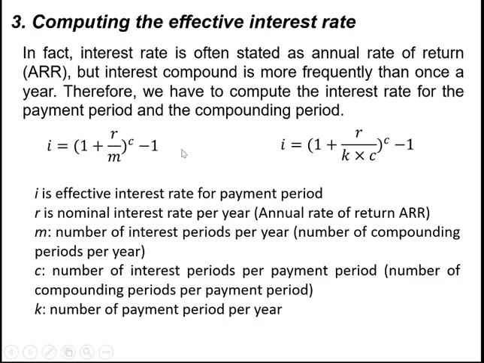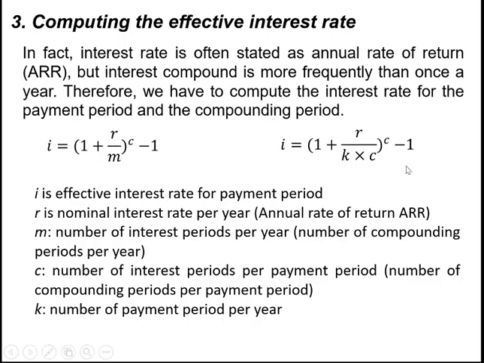For example, if the nominal interest rate per year is 12%, we calculate the effective interest rate for payment periods of a quarter. We replace the numbers for m and c here. We use this more complicated formula to calculate the interest.